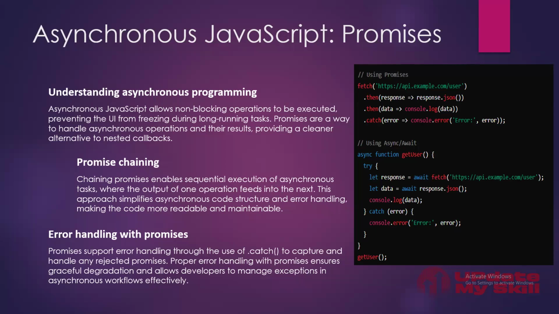So the states of a promise: pending, fulfilled, rejected. So three states. Pending is the initial stage, where the operation has not yet completed, so the promise is neither fulfilled nor rejected.